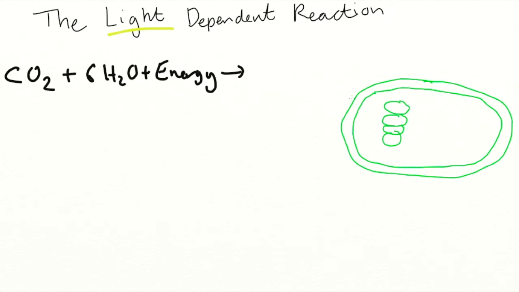Another quick overview is where it all takes place. You have the chloroplast, and inside the chloroplast, remember this is a photosynthetic organelle within a plant cell, you have a double membrane, you have a stack called grana or a granum, and the stack is made of these little round things called thylakoids.